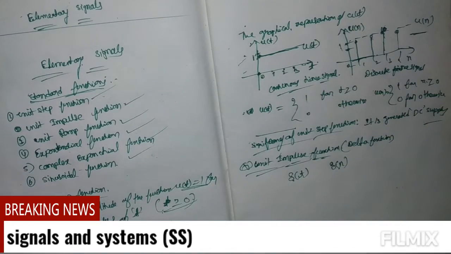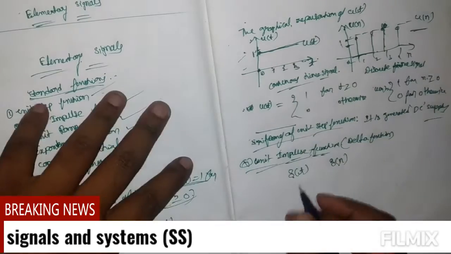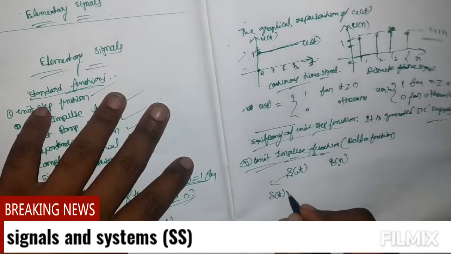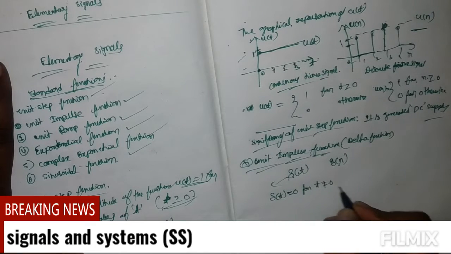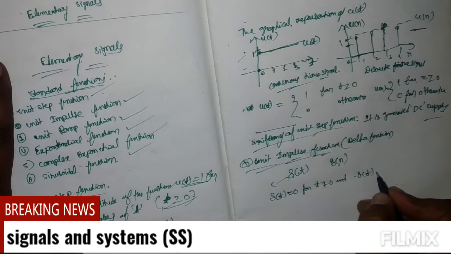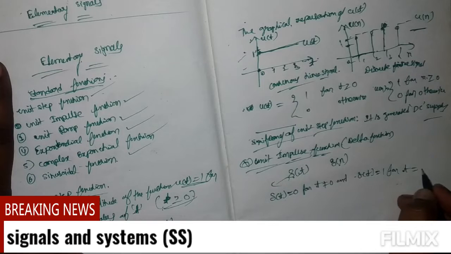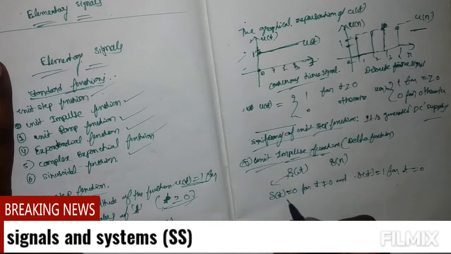It is defined as delta of t equal to 0 for t not equal to 0, and delta of t equal to 1 for t equal to 0.